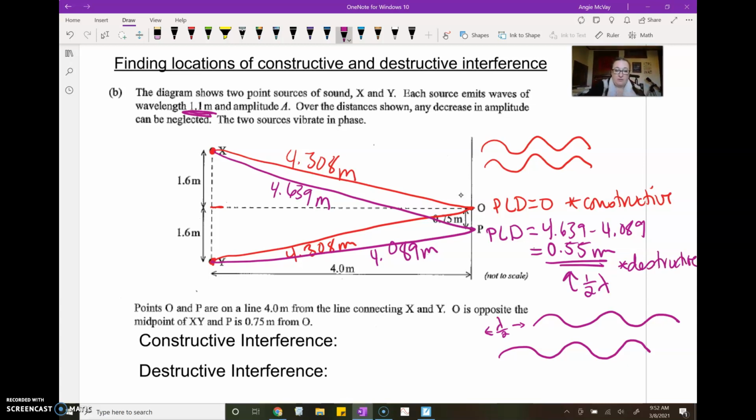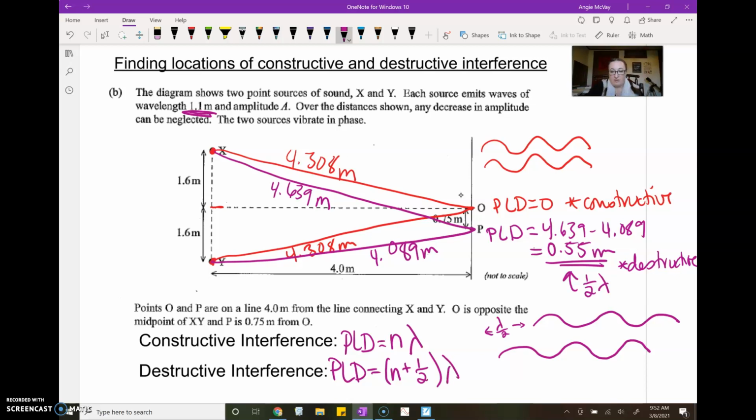Okay, so we talked about for constructive interference, the path length difference had to be 0 or 1 wavelength, 2 wavelengths, an integer number of wavelengths. For destructive interference, the path length difference had to be an integer plus 1/2 number of wavelengths.